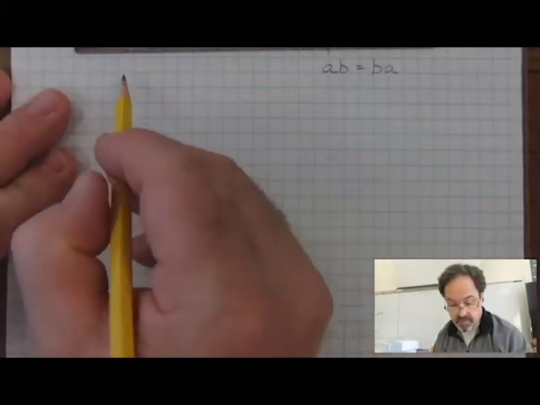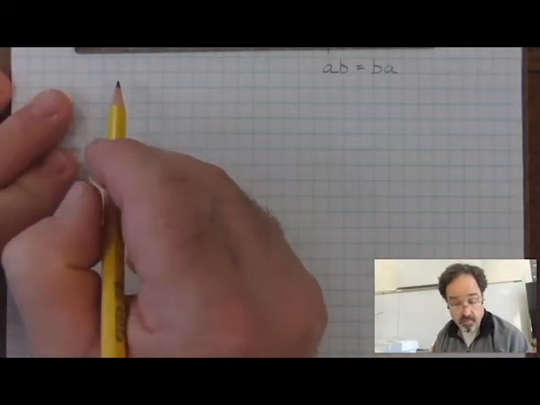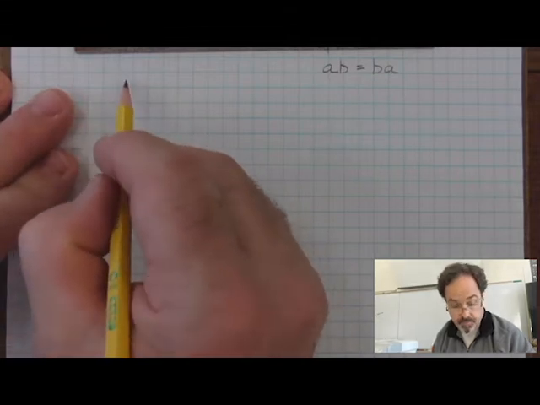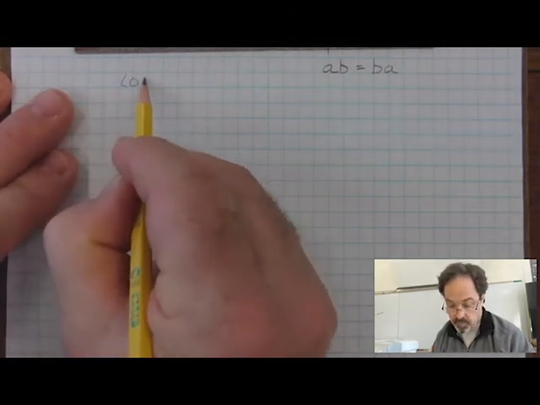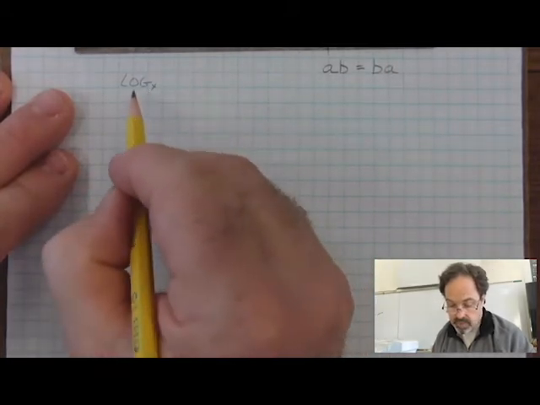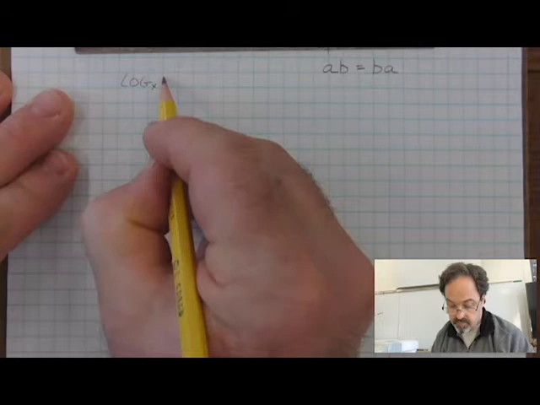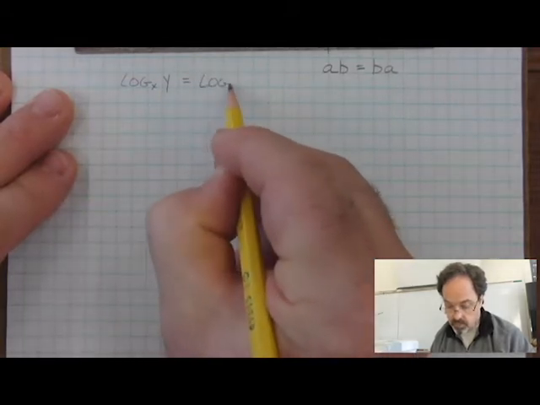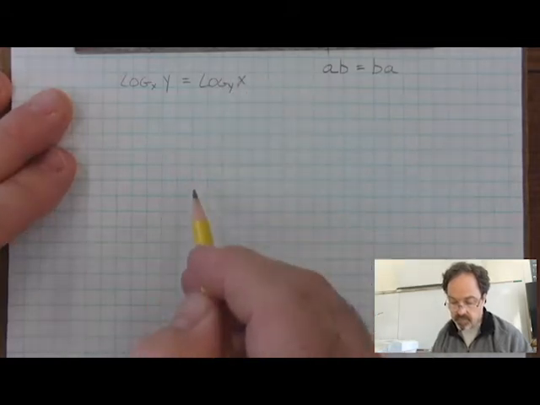We can investigate whether numbers have properties by thinking of a property to test. We could test the log property. Is the log base x of y equal to log base y of x?